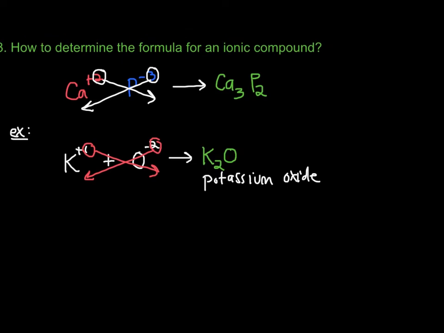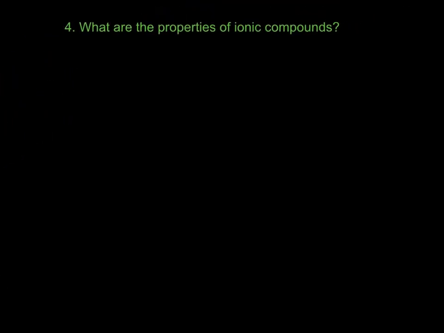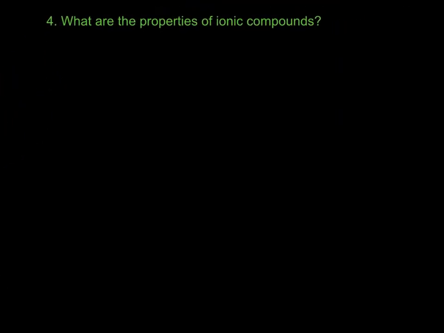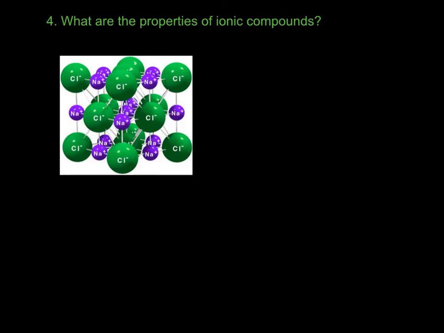All right, so let's talk about the last thing, what the properties of an ionic compound are. Because these ions are oppositely charged, in an ionic compound the ions end up setting themselves up into what's called a crystalline structure.